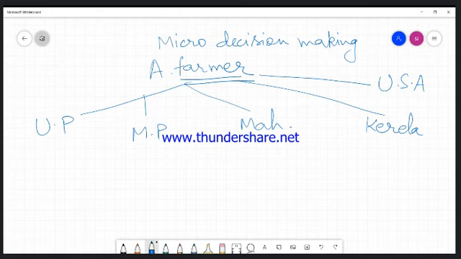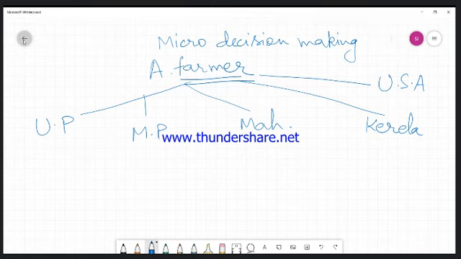You are talking about the farmer's decision making, whether in Uttar Pradesh, in one village, or only your family farming. That is micro for us. Even a farmer in the USA, again it is micro, because it is the individual decision making.